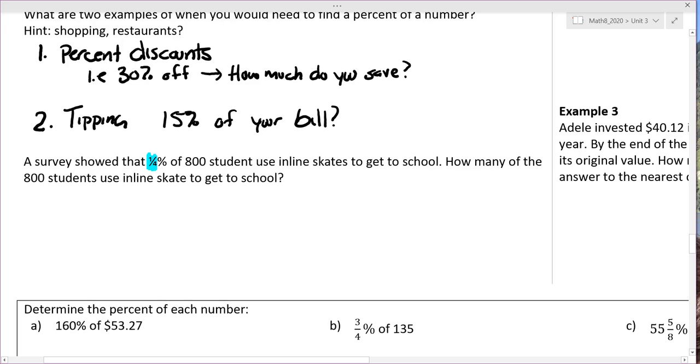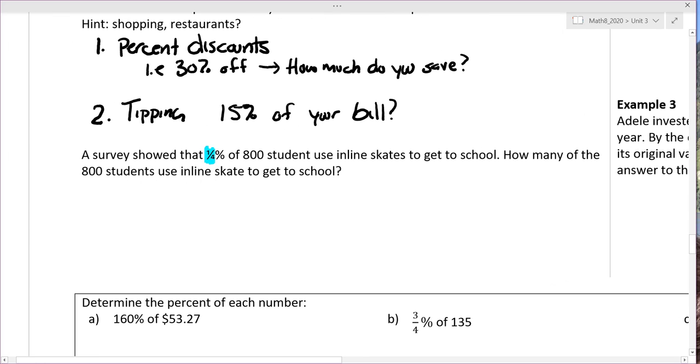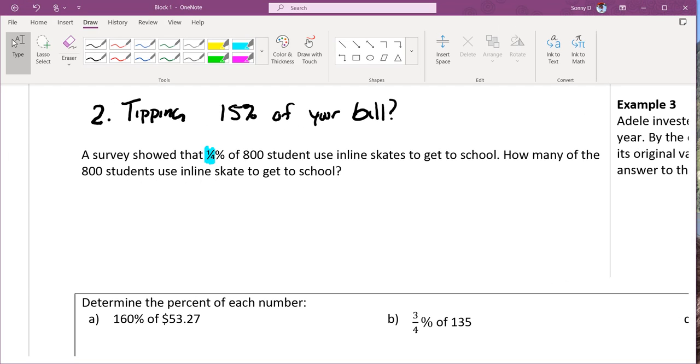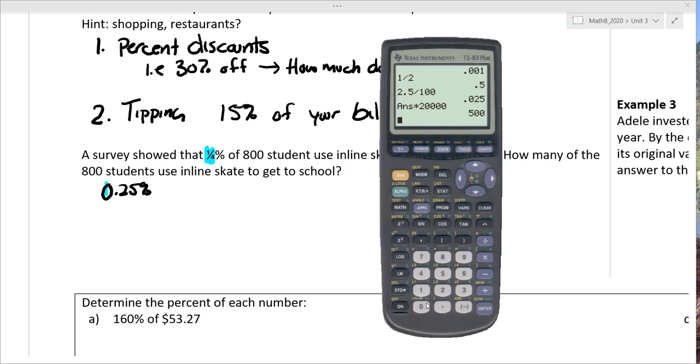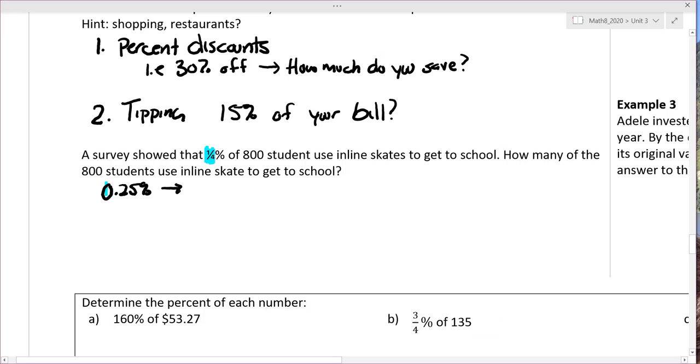Okay. The answer is not 200. So what is 0.25% as a decimal? All right. So quarter. Remember, quarter is 1 divided by 4. 1 divided by 4 in your calculator. You can get this number, right? If you don't know it off the top of your head. So that's as a percent. What is that as a decimal?